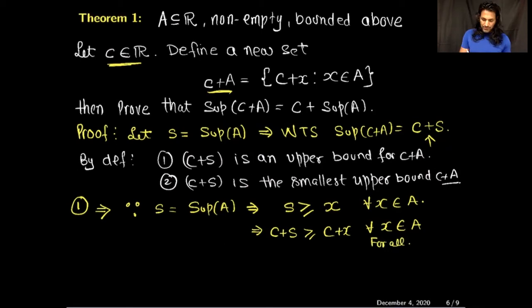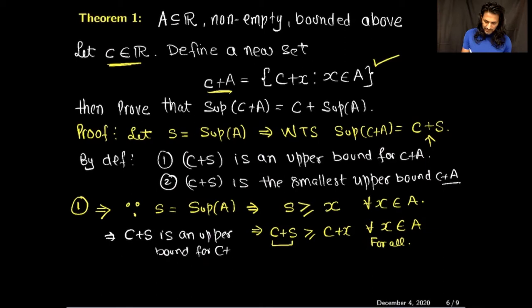Now, this shows that C plus S is larger than every member C plus X, where X belongs to A. In other words, it is larger than every member of this set, which is C plus A. So this shows that C plus S is an upper bound for C plus A, because these members C plus X are the members of this set.